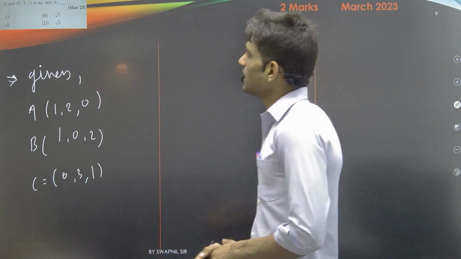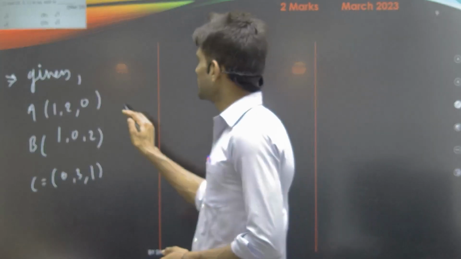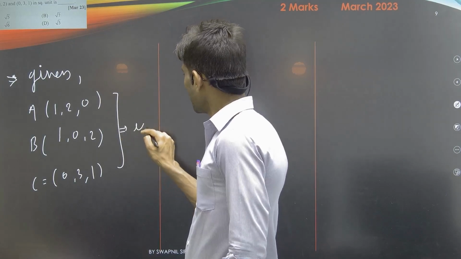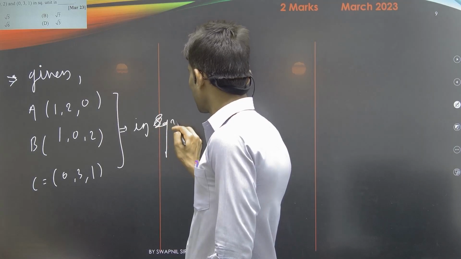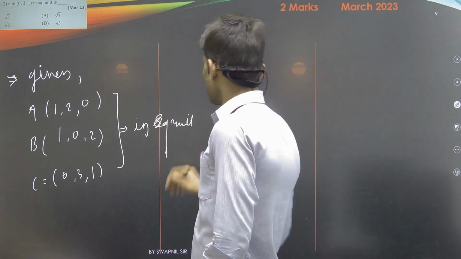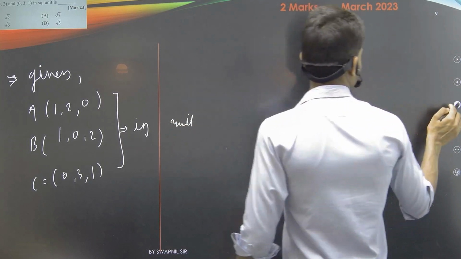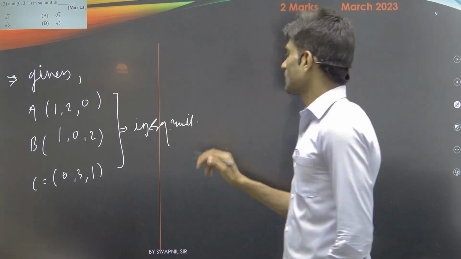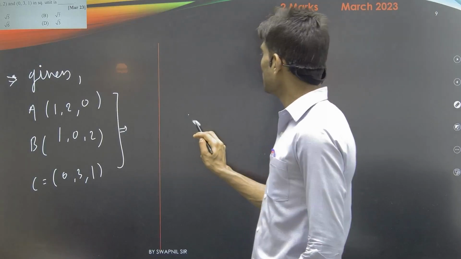These three vertices are given in square units.